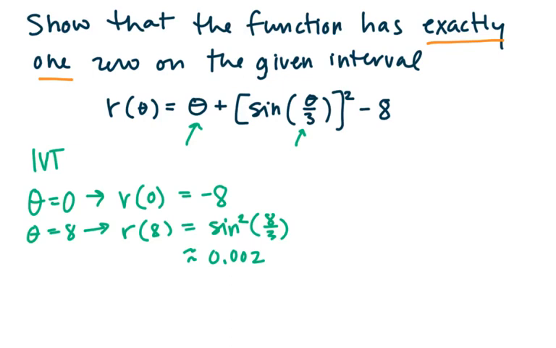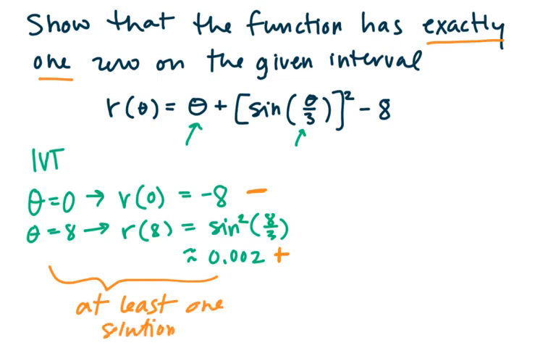Okay? And that would be in radians. But what we notice is we have a negative value and a positive value. So there's one point that's below the x-axis and there's one point above. And this allows us to say there's at least one solution.